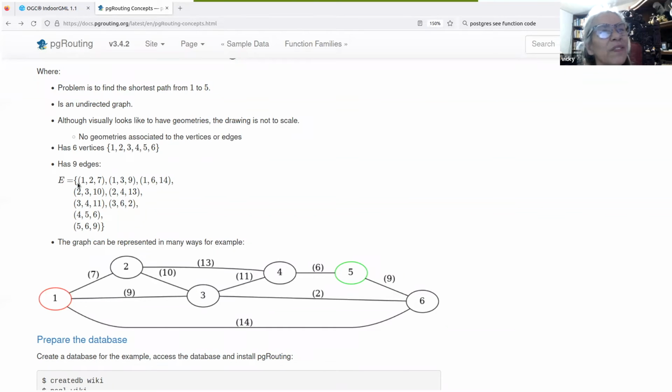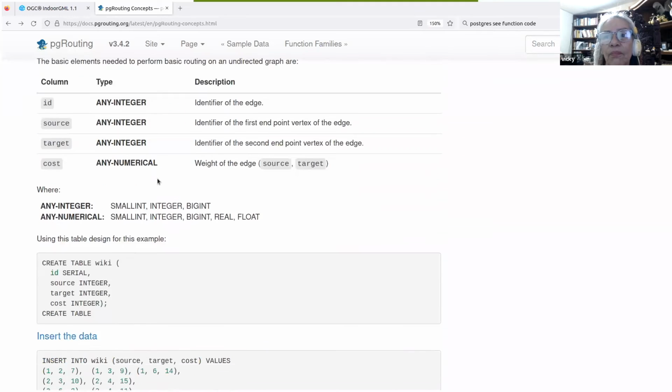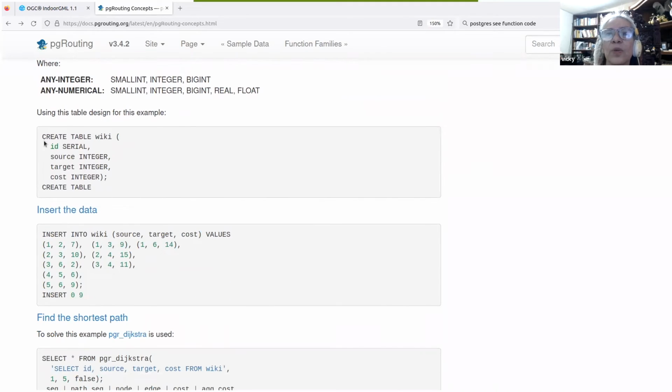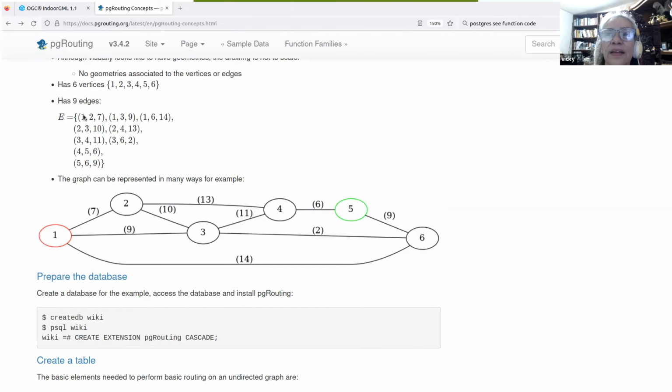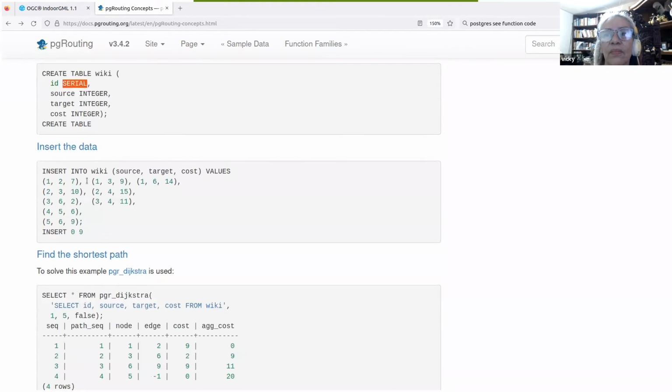We're just going to give it an identifier to identify the edges uniquely. So this is going to be our table that we're going to be creating. And because this is serial, we insert all the data that was deduced when we were analyzing the problem. Okay.